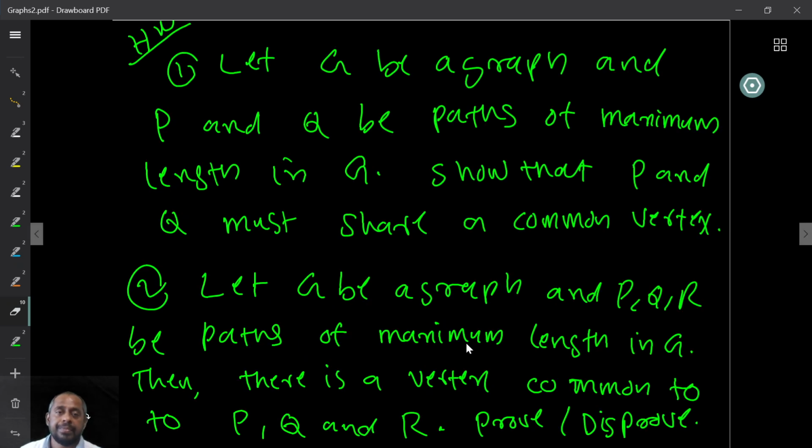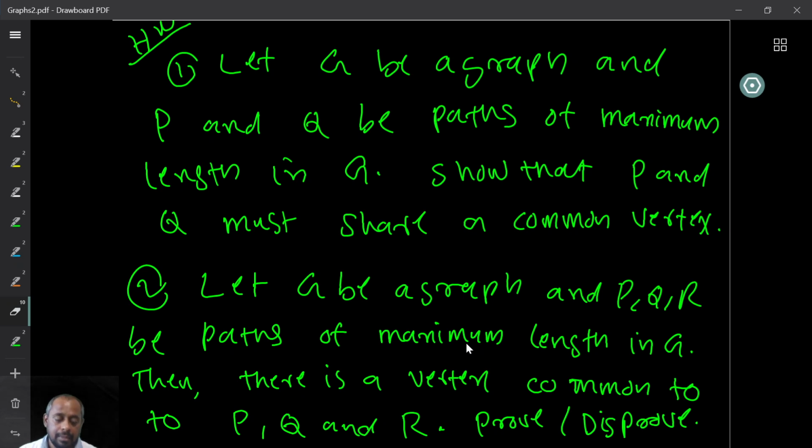Okay. Now here are some more questions. Let G be a graph and P and Q be paths of maximum length in G. So we have two paths of maximum length in G, so that P and Q must share a common vertex. Any two paths of maximum possible length have the same length.